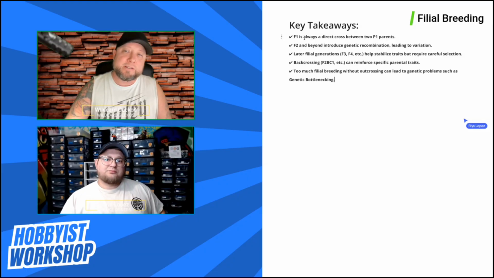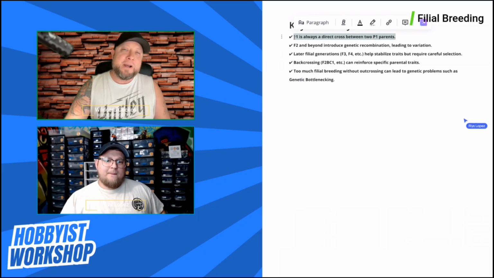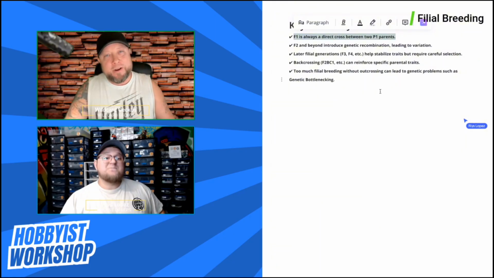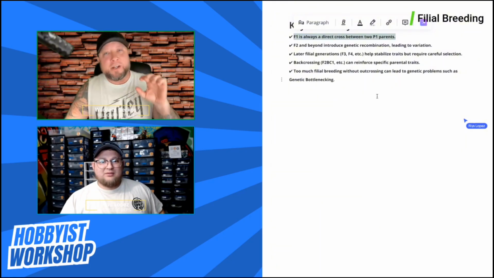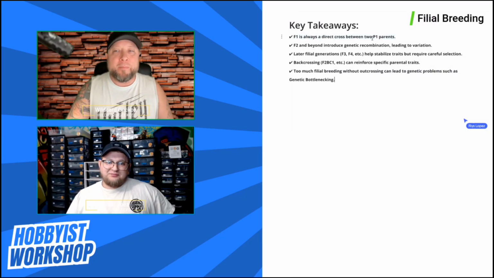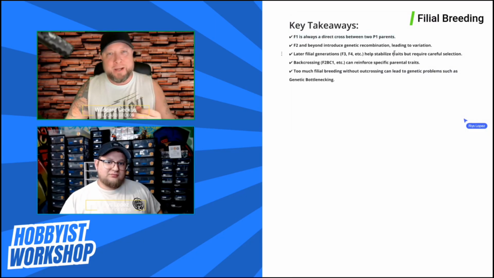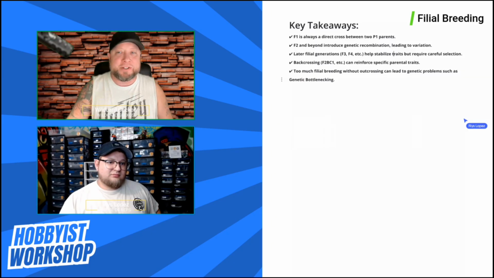Absolutely. Real quick, Reese, touching on this, I know you had an interesting question, and I wanted to leave the audience with the ability to go look it up and see if they can school us on it in the future. Okay. Yeah. So, P1 parents, if you take an F3 back to a P1, would you say a P1 for both parents, or would you say, what was your question?